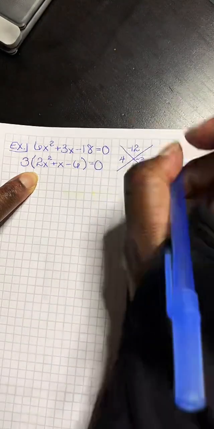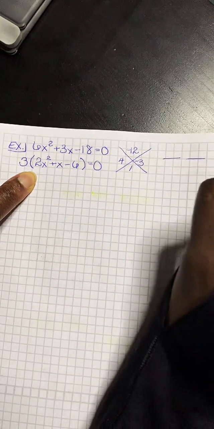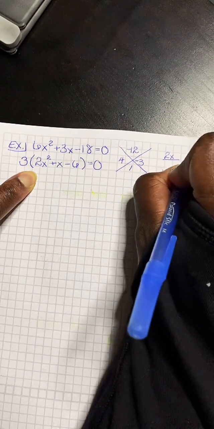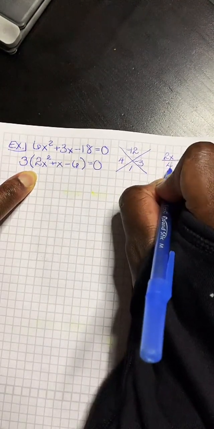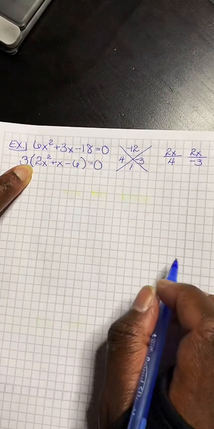I set up my two ratios, 2x written out twice, and underneath I'll have 4, and the other one is negative 3.